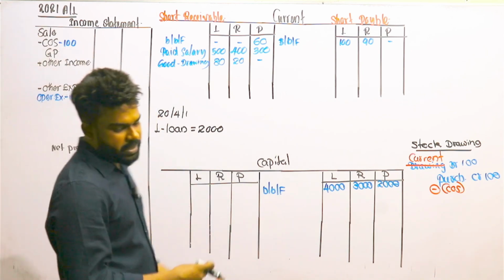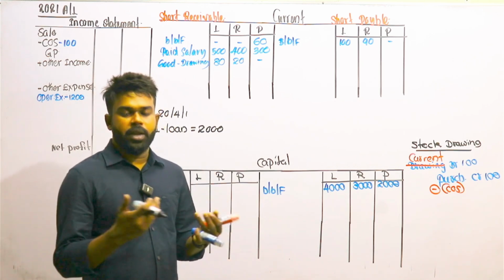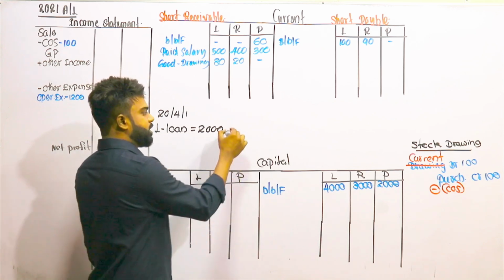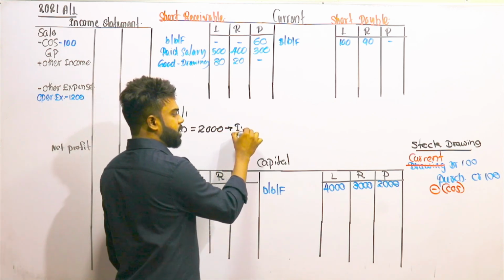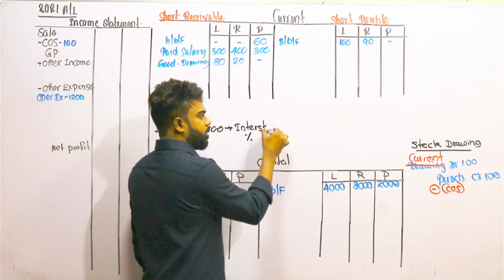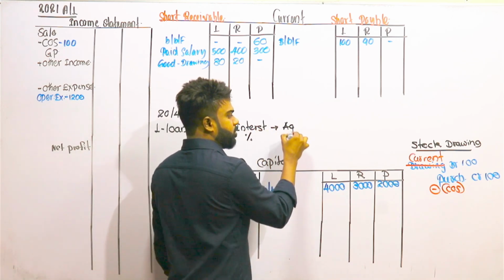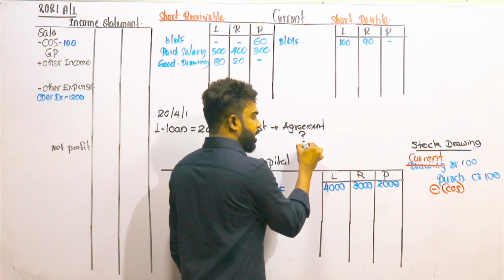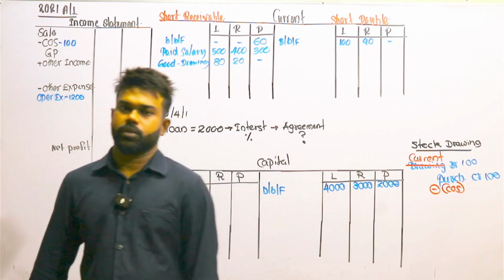The question says interest on this loan was neither paid nor accounted. Therefore, the interest rate should be given in the agreement. Please tell me the interest rate. Look whether it is in the agreement, at the beginning of the question.